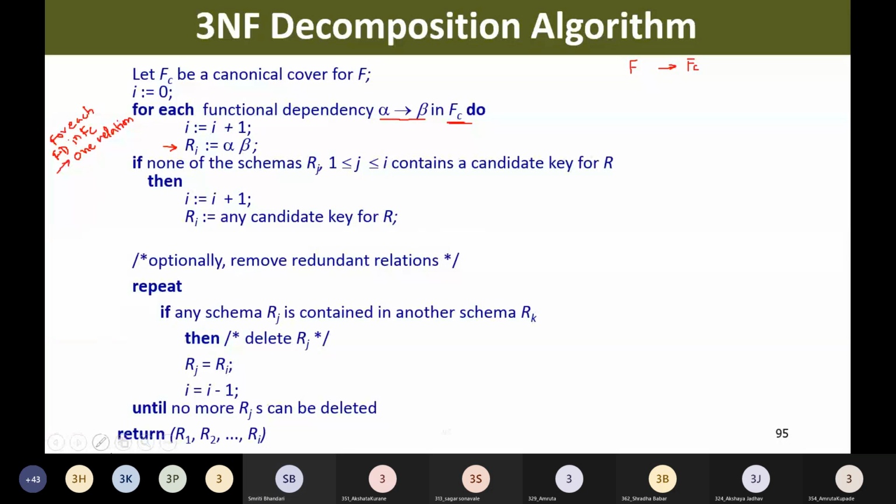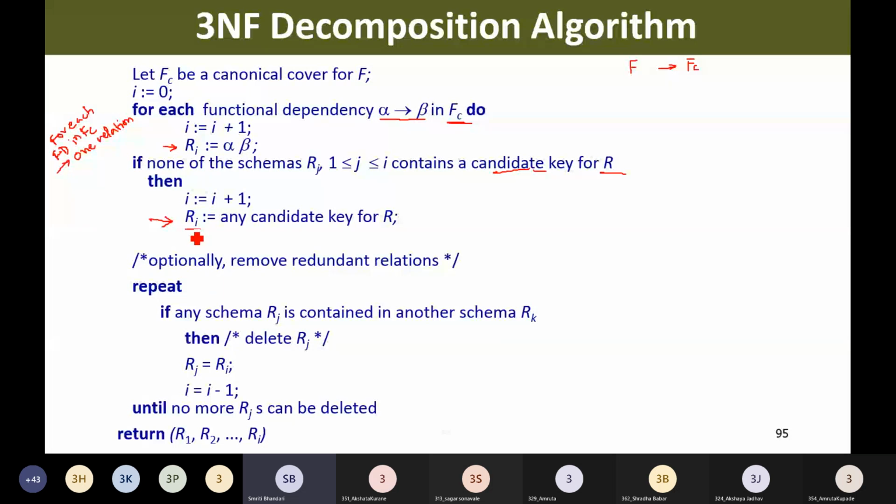What are we going to do next? We are going to look at the relations we formed in the earlier step. If none of these relations has the candidate key for R, then we form one more relation which includes the candidate key.